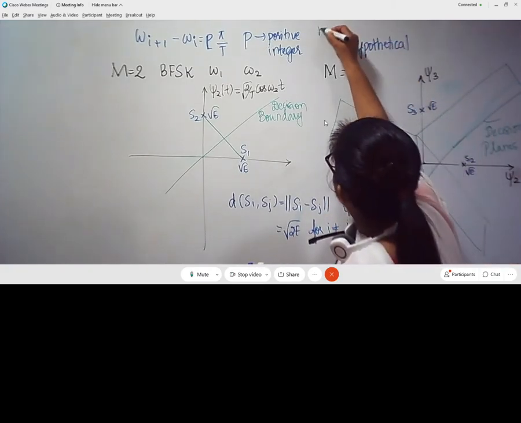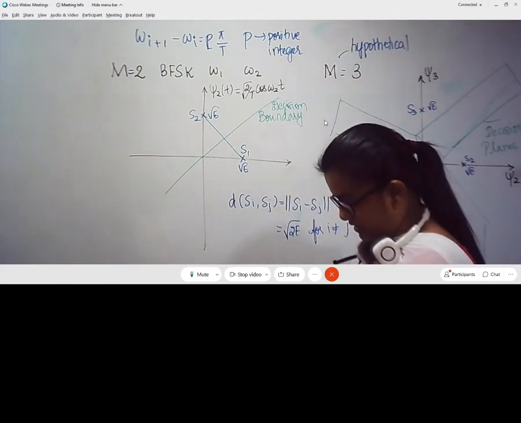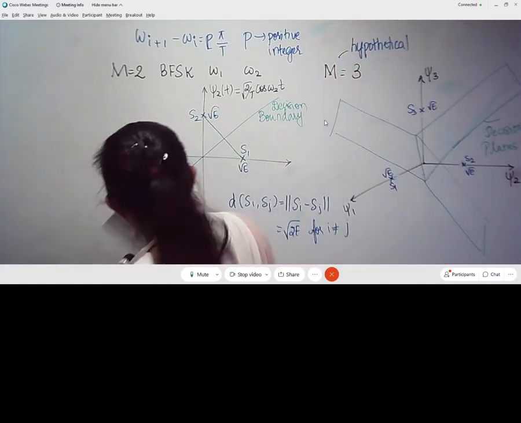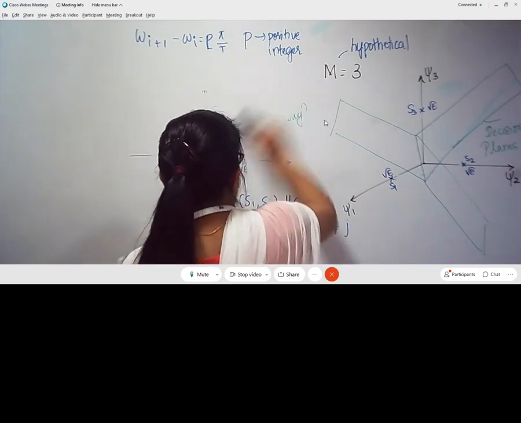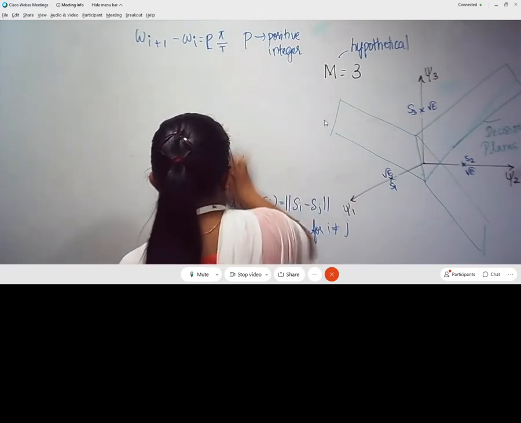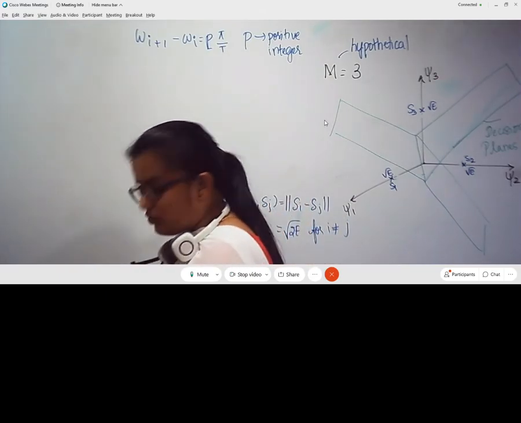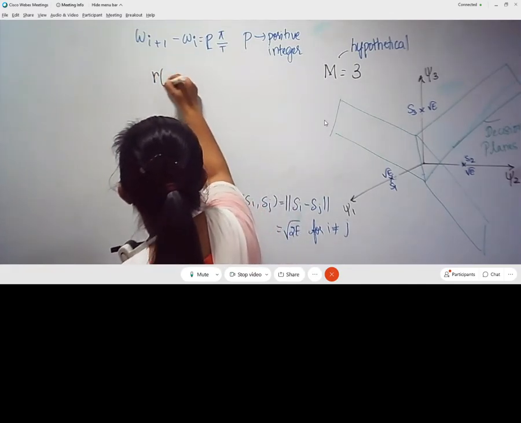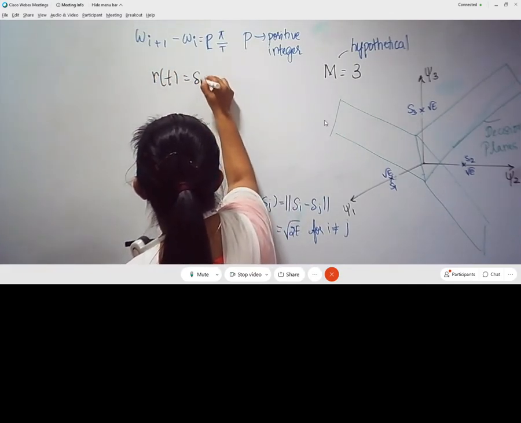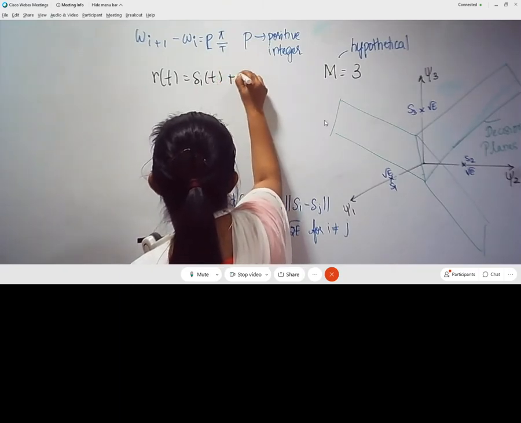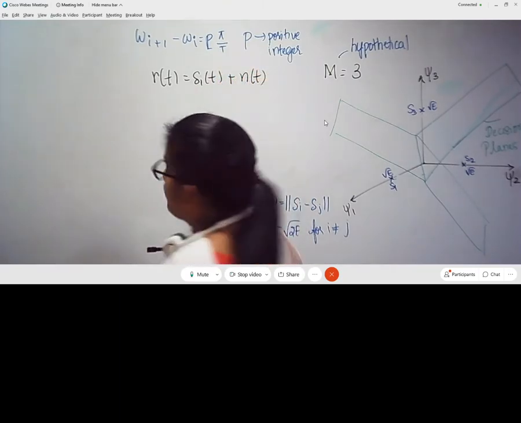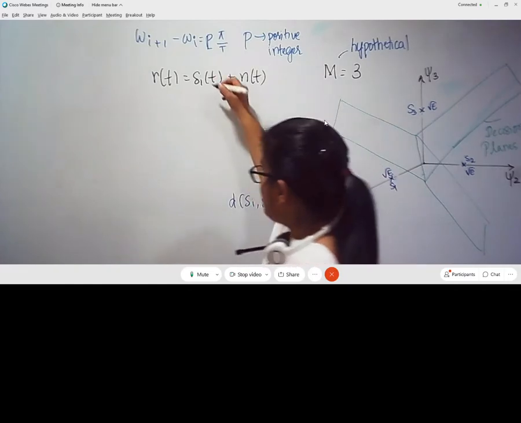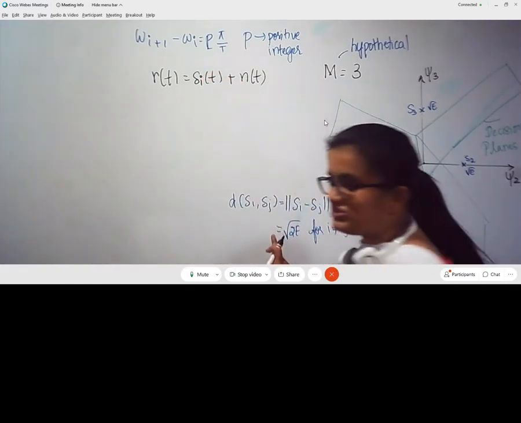Let's suppose r is the received signal, for M equal to 2 case. Whenever I receive a received vector r of t, which is the combination of the signal Si plus n of t, I am going to correlate this with respect to the different basis functions that I have.